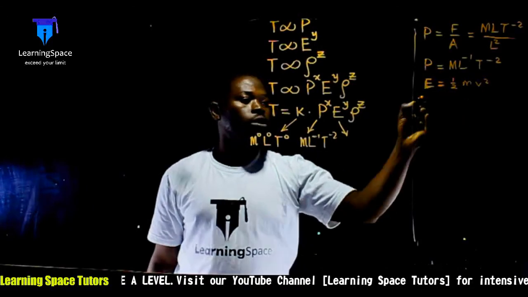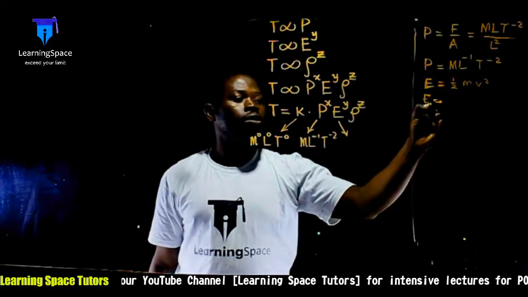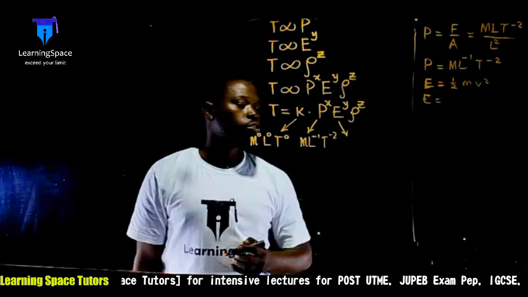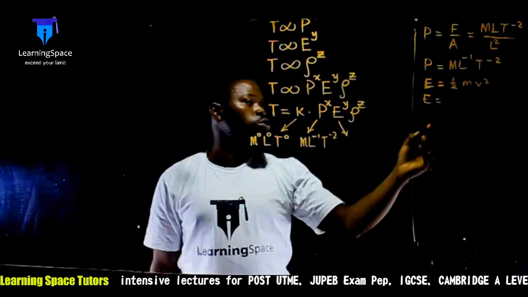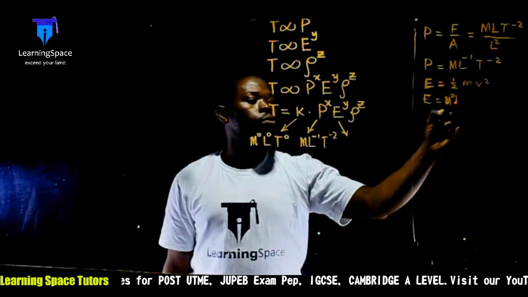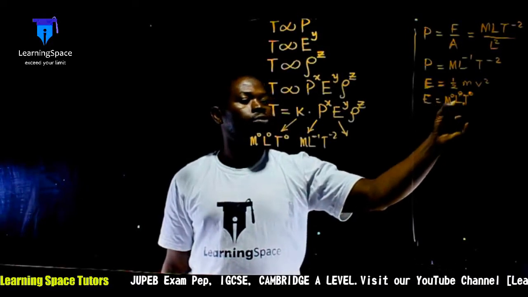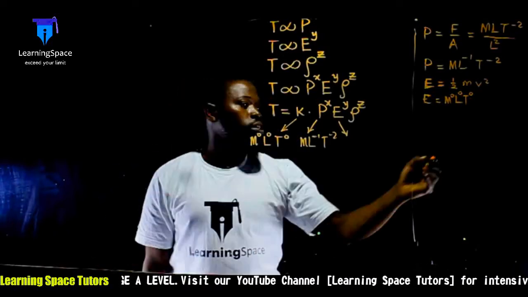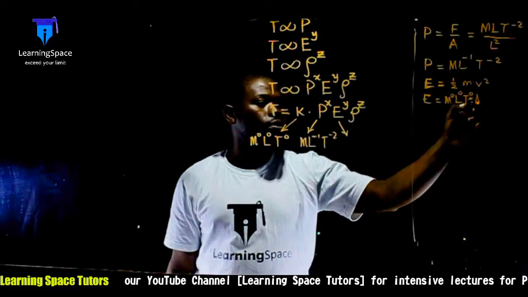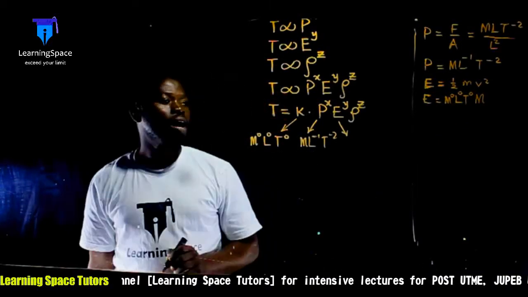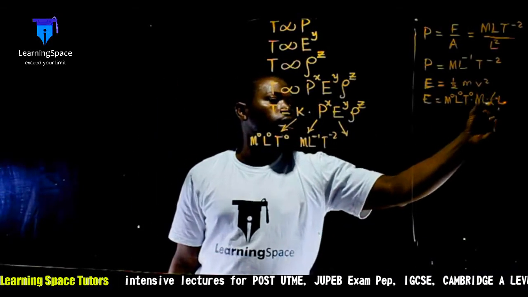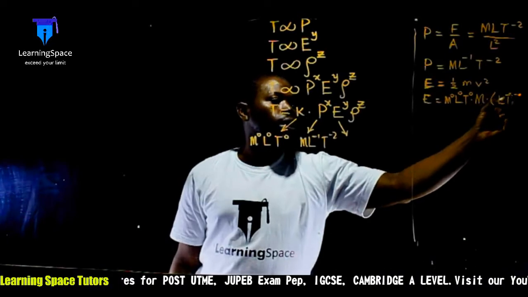half m v squared. Like I said earlier, this is an ordinary number and does not have any dimension, so we can call the dimension M raised to power 0, L raised to power 0, and T raised to power 0. M represents the mass, so the dimension for mass is capital letter M, and the dimension for velocity is L T minus 1.